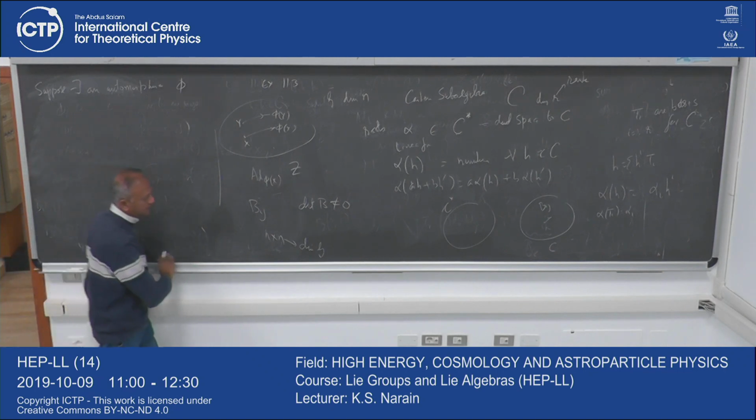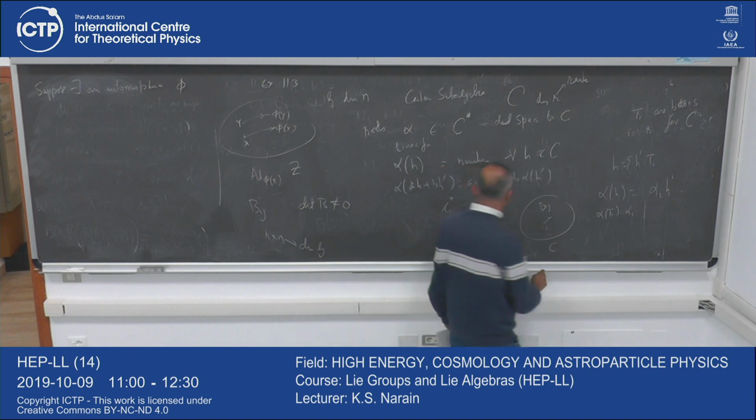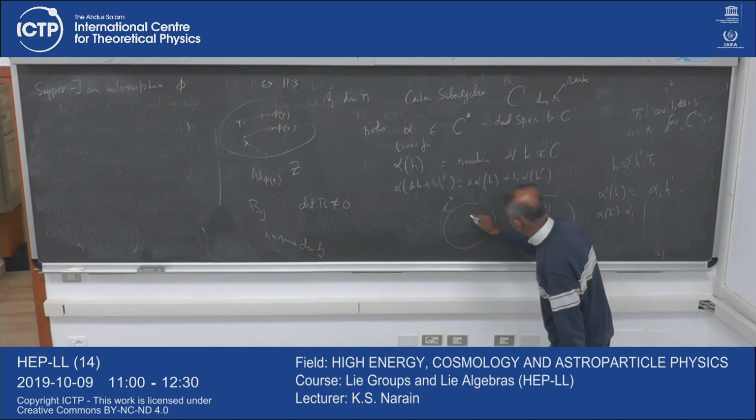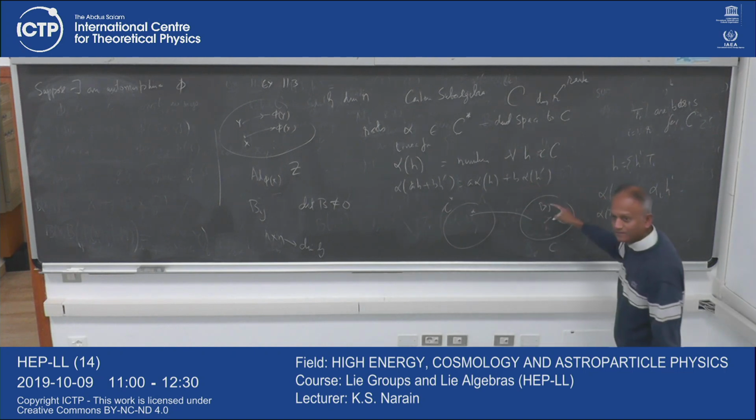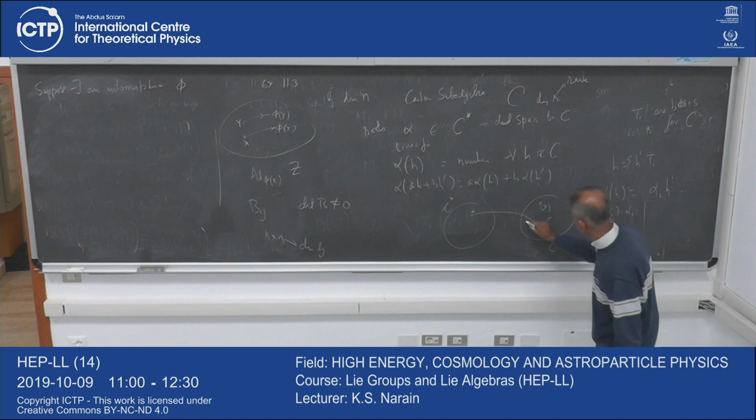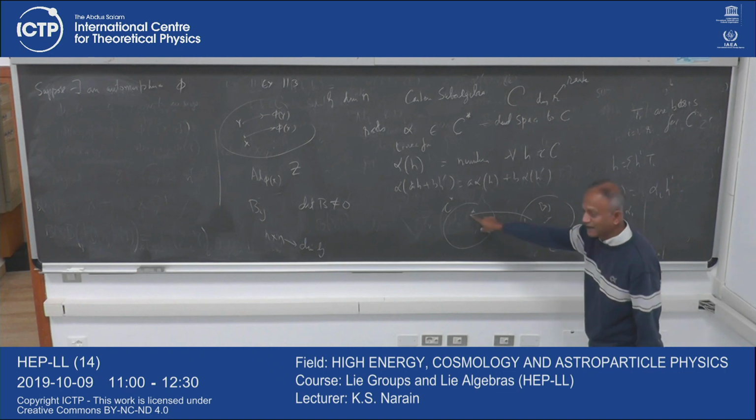Now, you can use the Cartan-Killing form to give a unique map. If I have some alpha sitting here, I can uniquely define some element here. Let's give it a name: we denote it by H_alpha, because obviously which element it is depends on alpha.